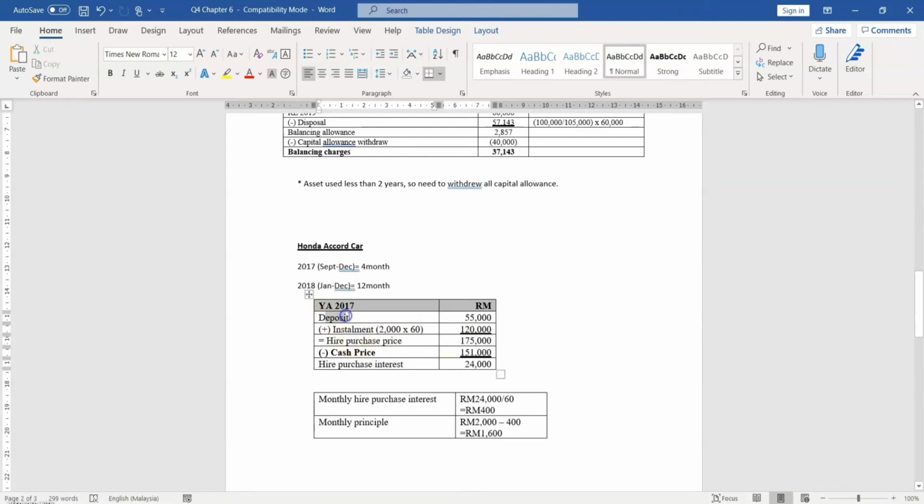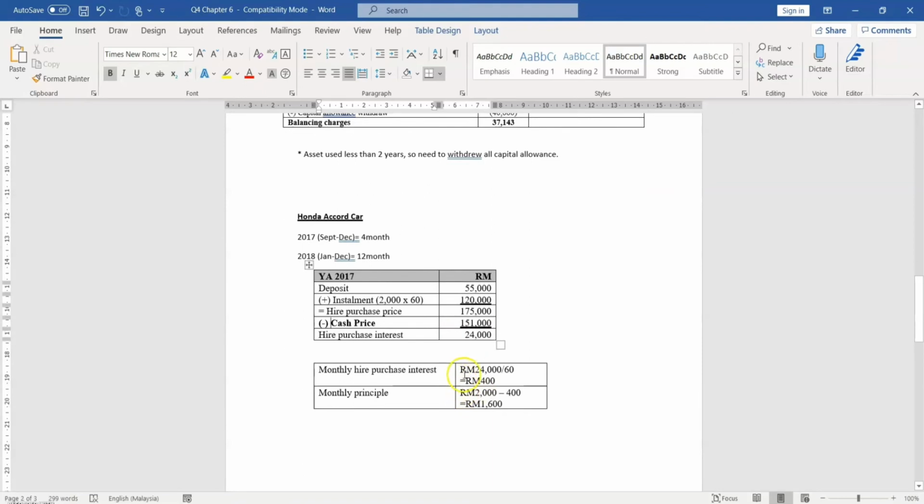installment plus deposit. And then after that we minus the cash price that we paid out, so the interest is 24,000, and then we get the amount and divide by 60 months, we will get 400 per month for interest. So we only want the principal, so the monthly installment is 2,000, so 2,000 needs to minus 400 interest, so the monthly principal that we need to pay is 1,600 only.